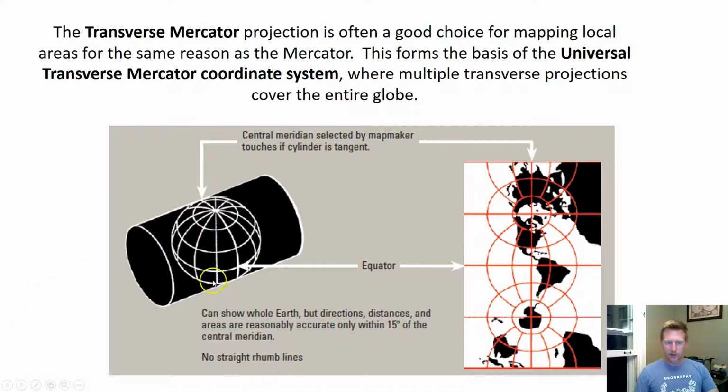So the idea is that anywhere the cylinder sort of touches the meridian, you're going to have the lowest amount of distortion. And so the Universal Transverse Mercator Coordinate System is an attempt to create a global system of projections that's all fairly accurate locally, but not very accurate necessarily globally.